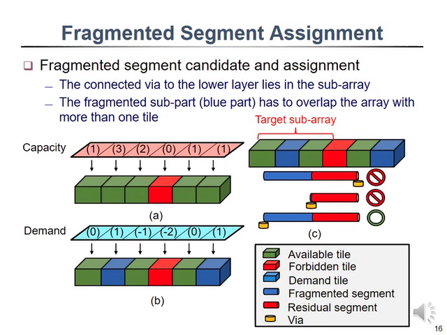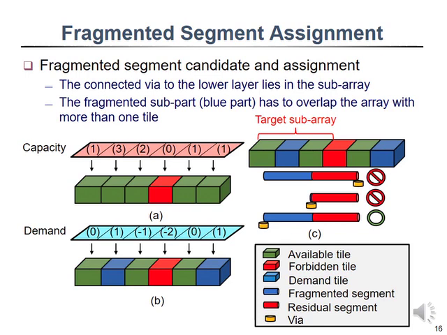Then we focus on a single subtile array at a time. The candidate segment can be fragmented and assigned to the subtile array if the following two conditions are satisfied. The first condition is that its connected via to the lower layer must lie on the subtile array. In Figure C, the first segment is not a candidate segment because the connected via lies on a different subtile array.